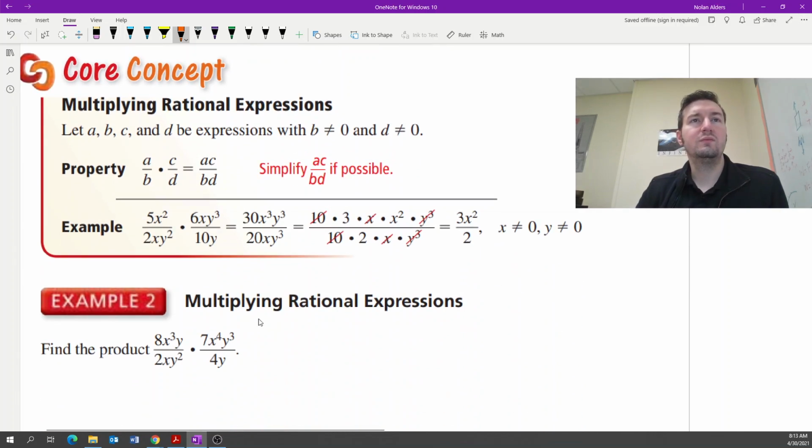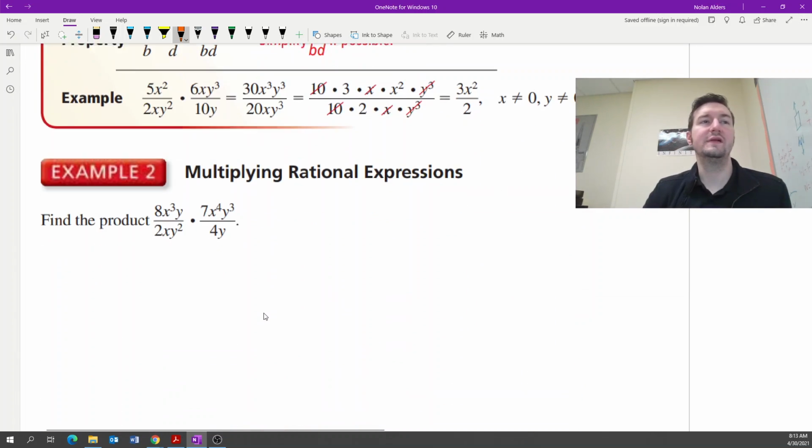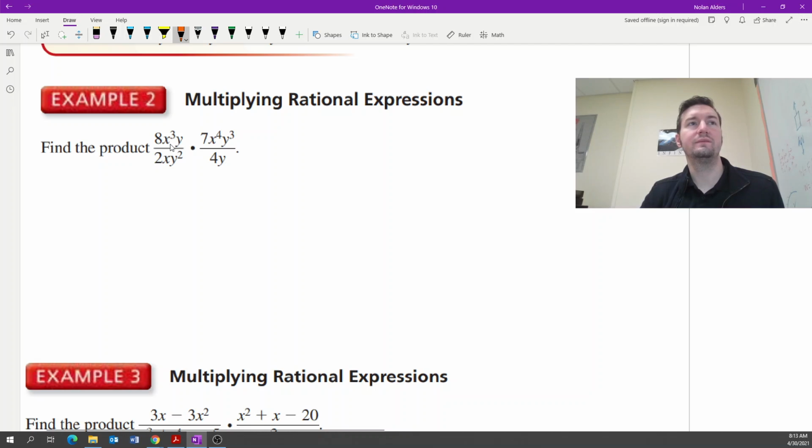Now, when it comes to multiplying, it's really pretty straightforward. All you're doing is taking the numerators and multiplying those across, and taking the denominators and multiplying those across. So really you're just combining the two, and you can almost treat this as one factor and this as another factor. But let's multiply these and see what we get here.